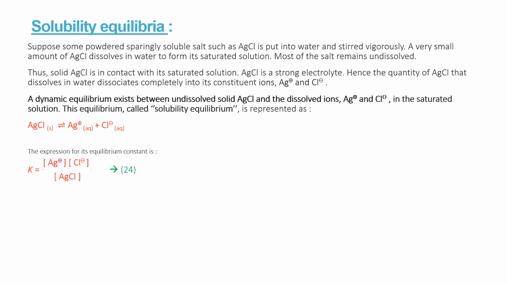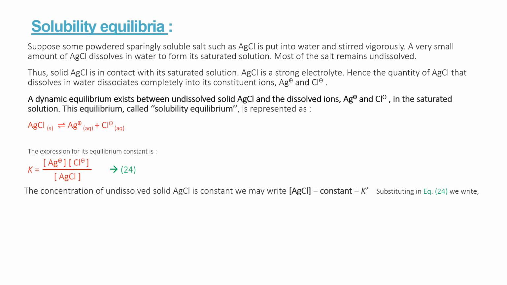Now, what is the equilibrium constant for this? K is equal to [Ag+][Cl-] upon [AgCl].